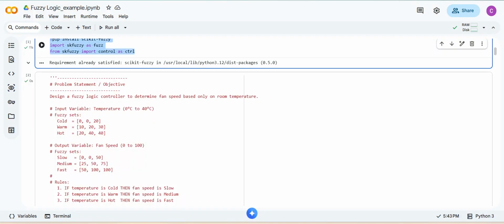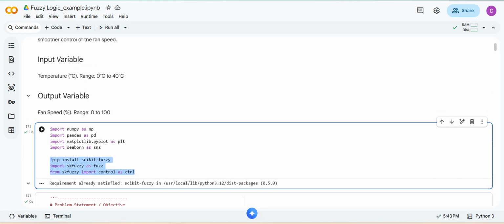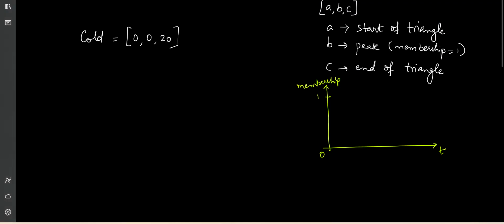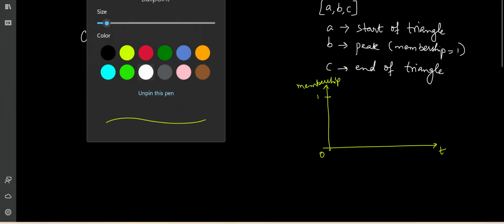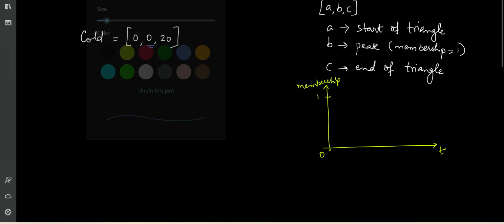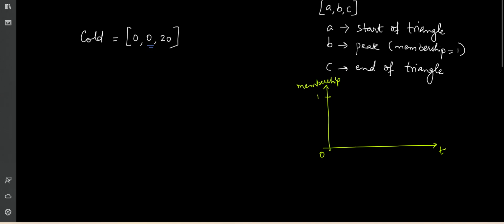Let me just see it again. Temperature is 0 to 40, and 0, 0, 20 means at 0 the value of cold membership is maximum because the second value B is the peak, and at 20 it is 0. So I'll define the 20 point on the x-axis.